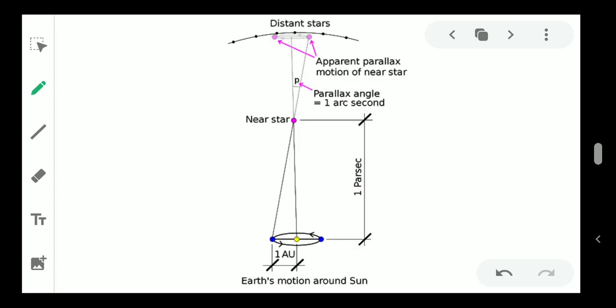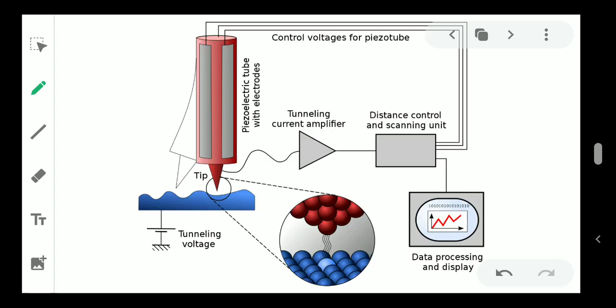We can go to cells, molecules, atoms. Right now we can still take pictures of atoms. What do we use? We use what is called the electron tunneling microscope.